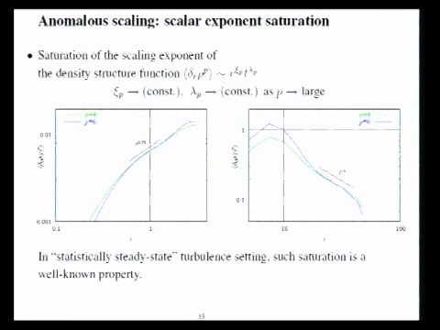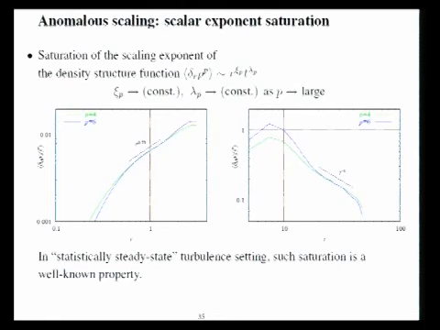Okay, so I just add some final comments. If I take the density structure function and compare the fourth order and sixth order moments, the scaling in R and scaling in time are quite close. Well, I would say they are the same. So the exponent in R and the exponent in time of the scalar seem to be the same.